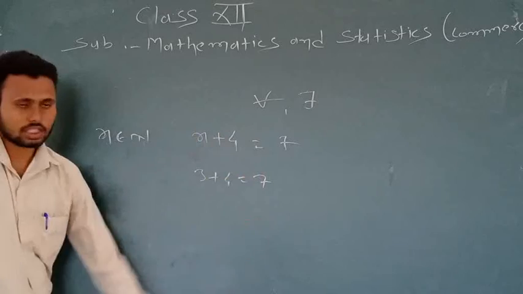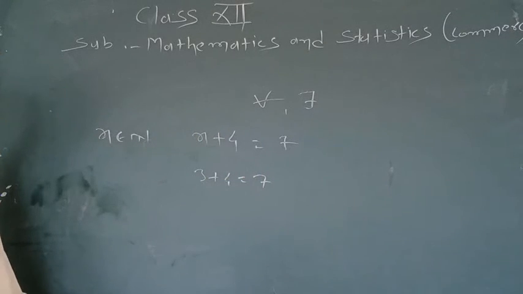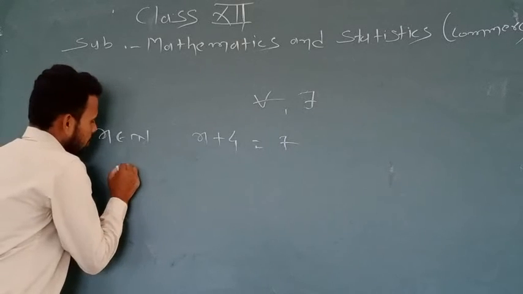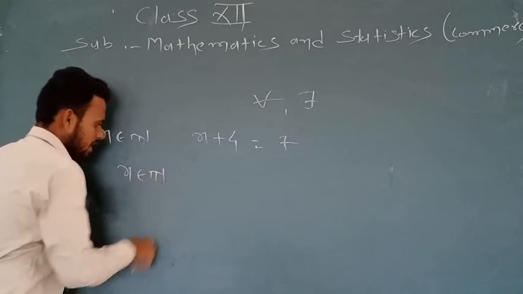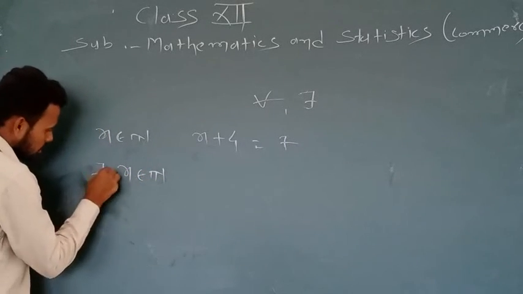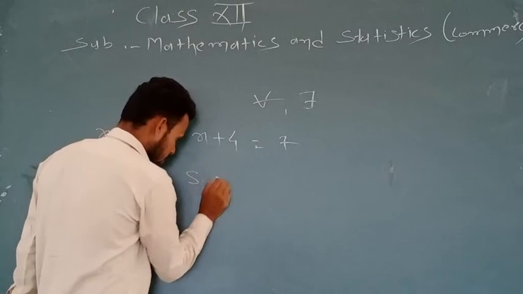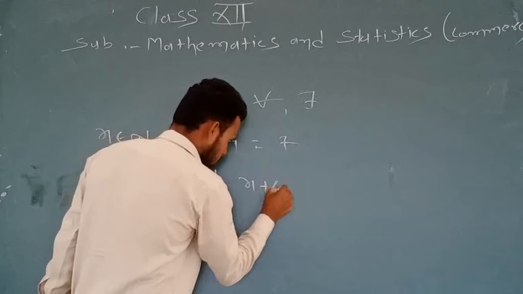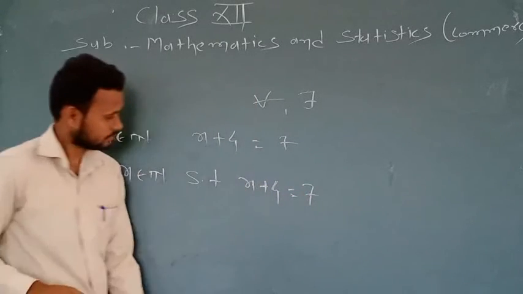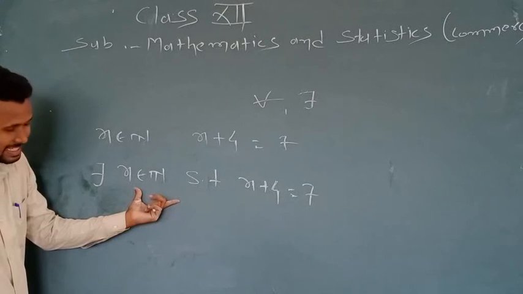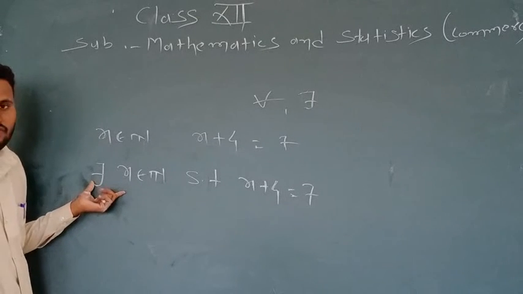Therefore we can write this sentence as there exists x belonging to the natural numbers such that x plus 4 is equal to 7. It becomes a statement, and that statement we will call a quantified statement.